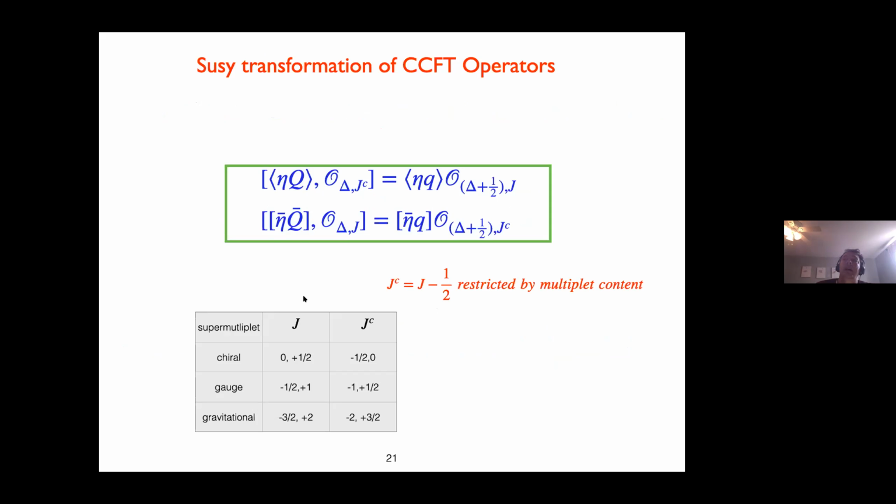And it turns out that here, to make notation easier, I have separated the operator content into two sets depending on the spin. This set has spin, we call it spin J, and this J complement. You can see that, for example, the chiral multiplet is supposed to have a complex scalar with spin 0, and a Weyl fermion with helicity, spin +1/2 or -1/2.